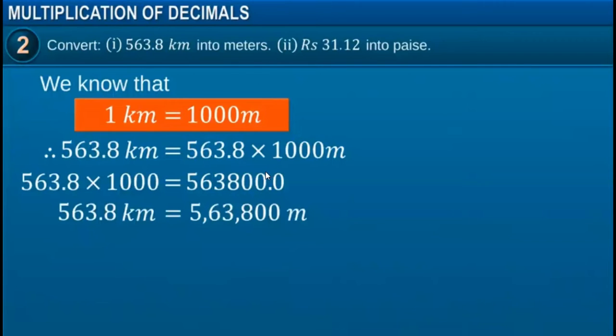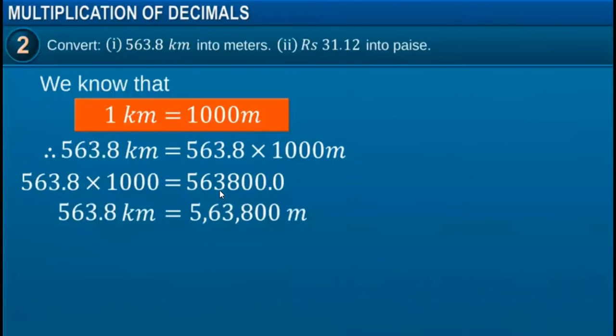Now, multiplying by 1000, we have to just shift the decimal point to the right. How many places? The number of zeros that 1000 has. How many zeros are there? 1, 2, 3. So we have to shift 3 places to the right. But we have only one digit, so the rest we fill with zeros.